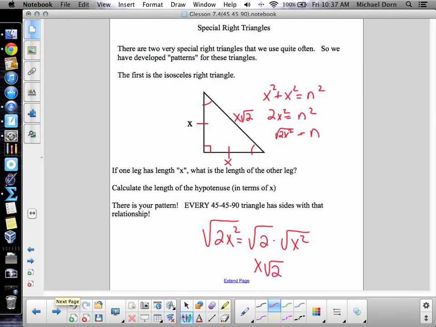And what we've done is we've established a pattern for this triangle. That is a pattern that we're going to use with this triangle a lot. This pattern only applies to 45, 45, 90 right triangles. Only if it's isosceles. But if it's true, then the length of the leg equals the length of the leg, and the length of the hypotenuse is the length of the leg times the square root of 2.